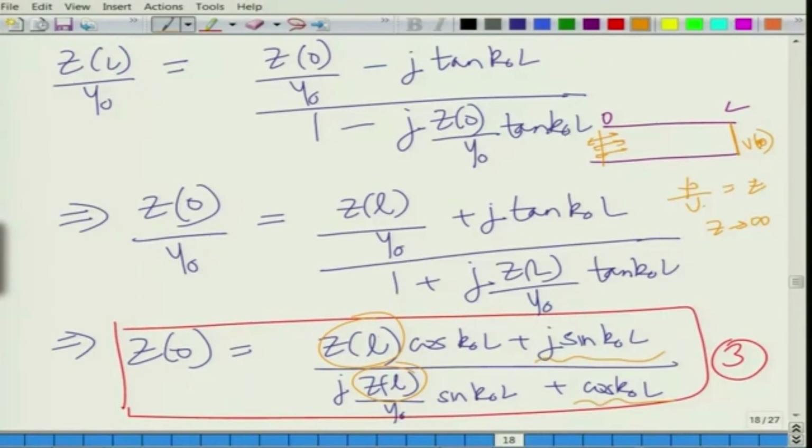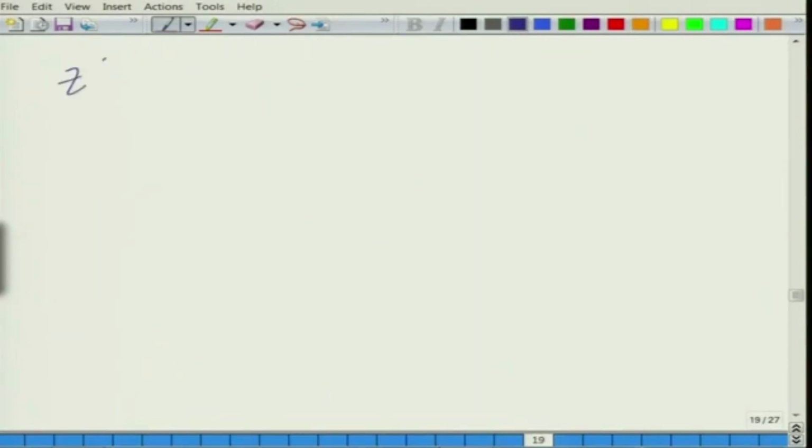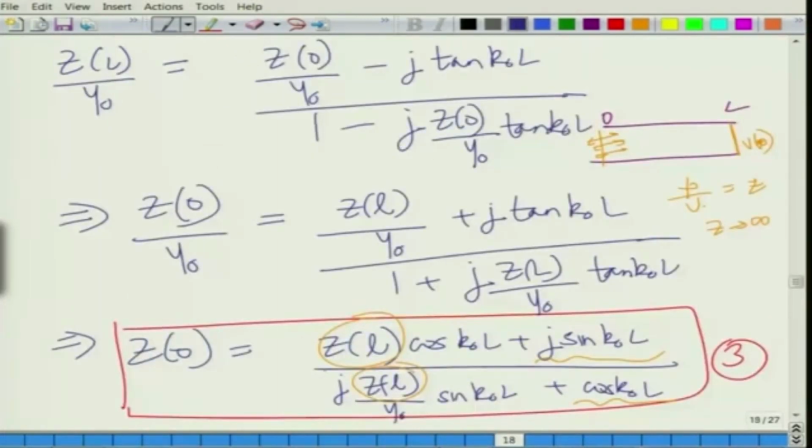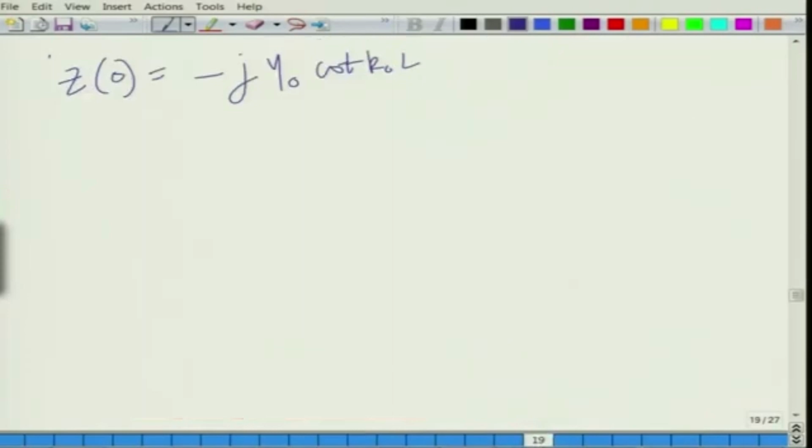So, what will we get eventually? You will get Z0 is equal to minus j y naught into cot k naught L. So, here we are taking j in the numerator and y naught also in the numerator, cos by sine. So, this is what we are getting.